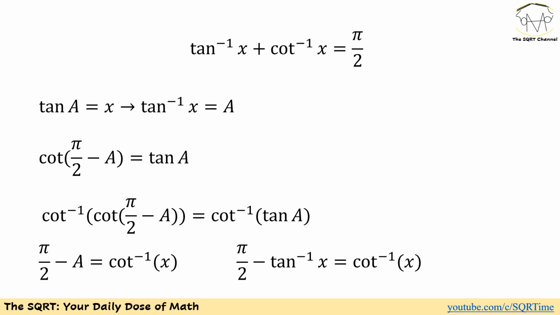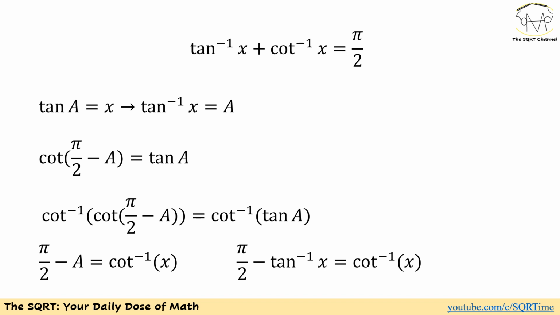We are going to prove that inverse tangent of x plus inverse cotangent of x is pi over 2. To do that, we are going to start by saying let's assume tangent of a equals x. Then inverse tangent of x is going to be a. Now we know cotangent of pi over 2 minus a is tangent of a.